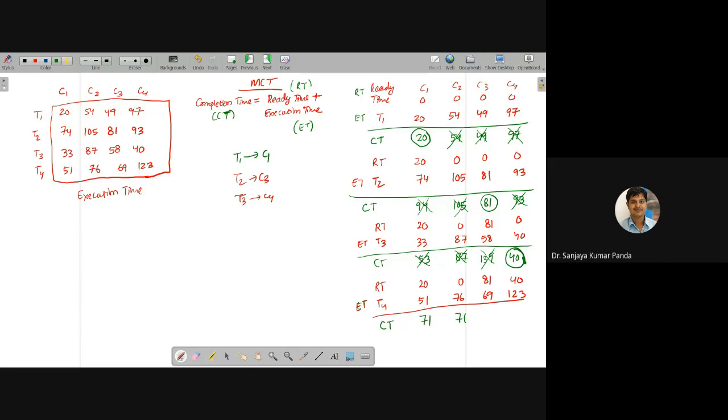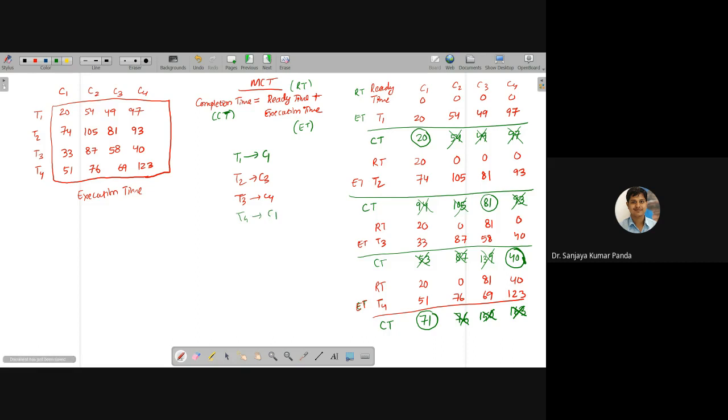Here it is 76. Here it is 150. Here it is 163. So which one is minimum? C1 is minimum, 71. These other mappings are not done, so you have to cancel them out. Now T4 is assigned to C1.